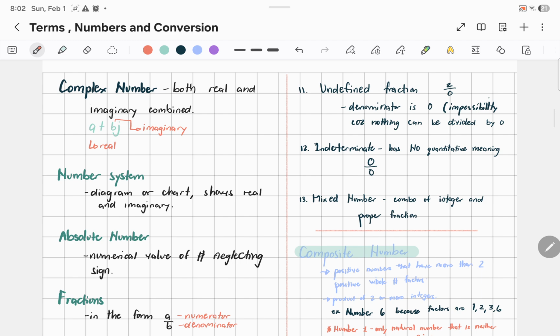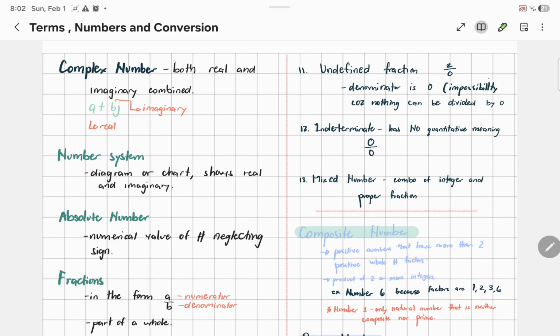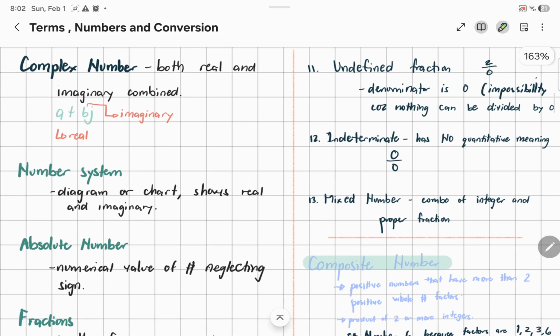Now let's go to another term. We have a complex number. These are numbers that are a combination of a real and an imaginary number. When I say complex number, this is in the format a plus bj. So the a part is the real number, we have discussed that earlier, and the b is an imaginary number.